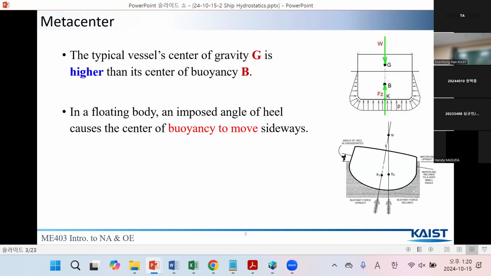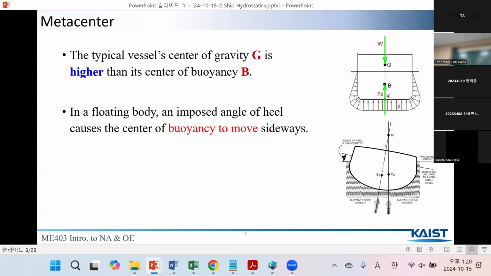And for a floating body, the angle of heel causes the center of buoyancy to move. Say rotation, or wind blowing, or a wave is coming. Usually they heel due to rotation, maneuvering. Anyway, it is happening.